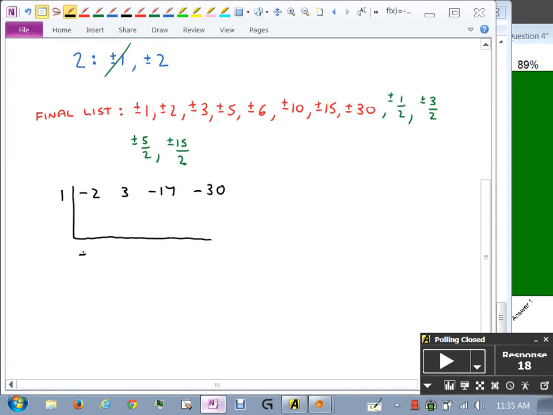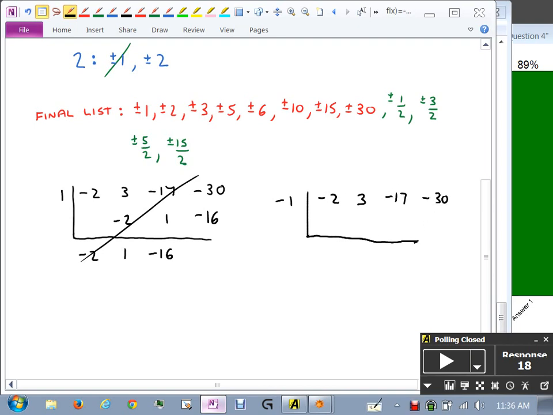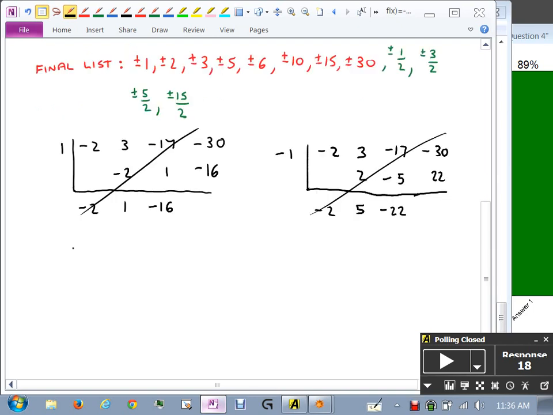Someone work ahead of me and try and see if you can get something. Nope, doesn't work. Move on to -1. What is that? No. Nope. Anybody there yet?